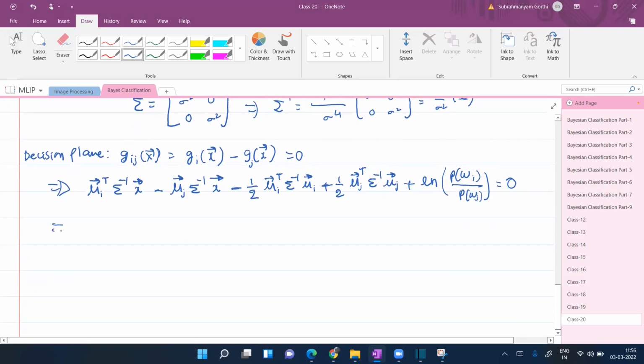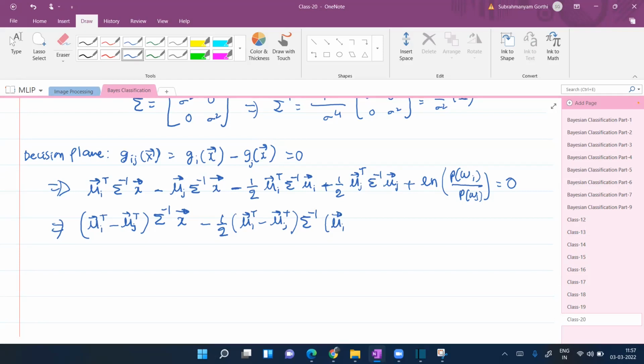Then what else can I do here? Well, I could write the first two terms as mu I bar whole transpose minus mu j bar transpose into sigma inverse into x bar. The first two terms I combined them, right? So then minus 1 by 2 into, in very similar lines, I would write mu I bar transpose minus mu j bar transpose into sigma inverse into, what do I get here?